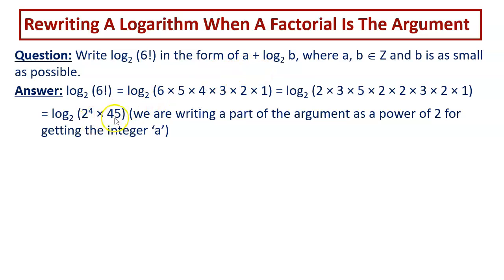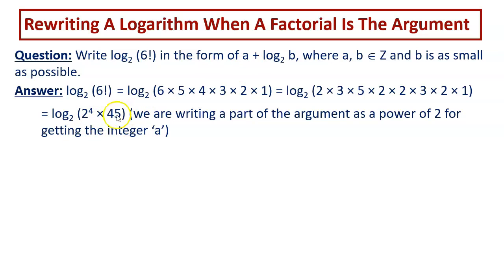So we have to make two groups out of this whole product, and one of the groups should have some power of 2, so that the power comes down and we will be having log of 2 to the base 2, which will be equal to 1, and we will be getting the power that is a.